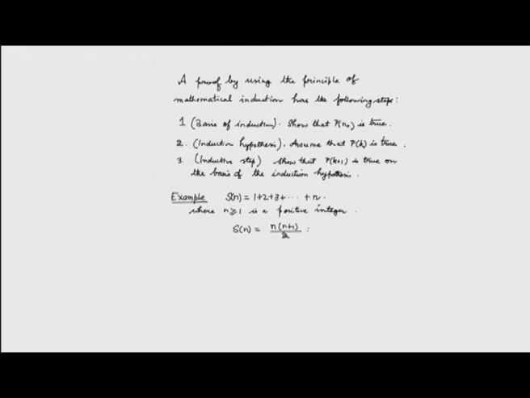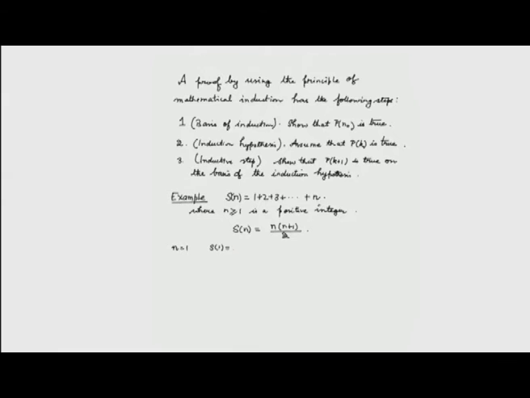First of all, let us see that for small values of n this formula works. So, for example, if I put n equal to 1, then S(1) equal to 1, which is equal to 1(1+1)/2. For n equal to 2, S(2) equal to 1 plus 2, which is equal to 3, and if you look at the formula, it should be 2(2+1)/2, this is also equal to 3.